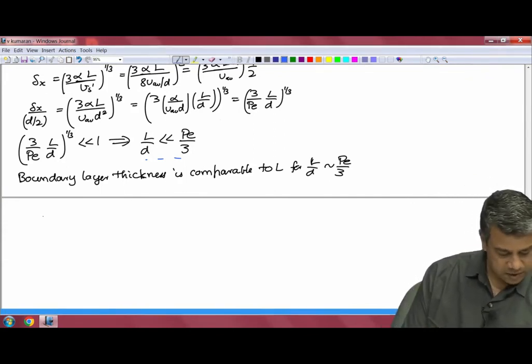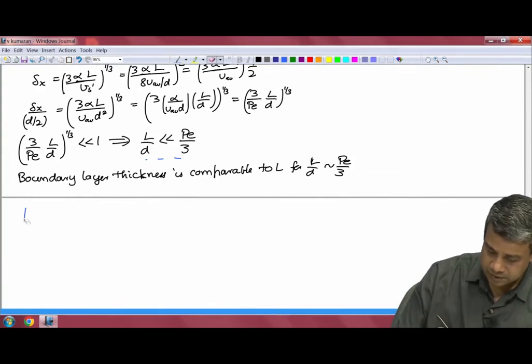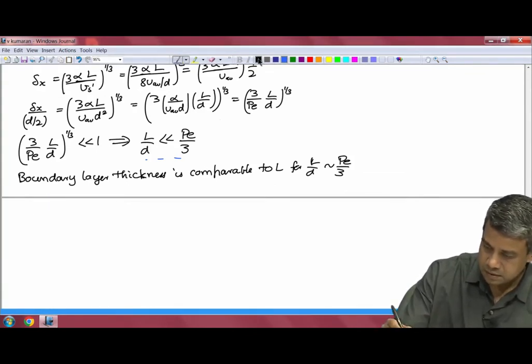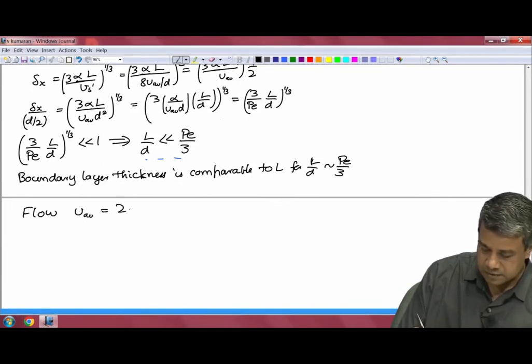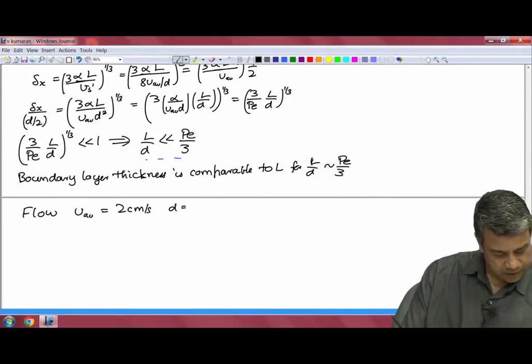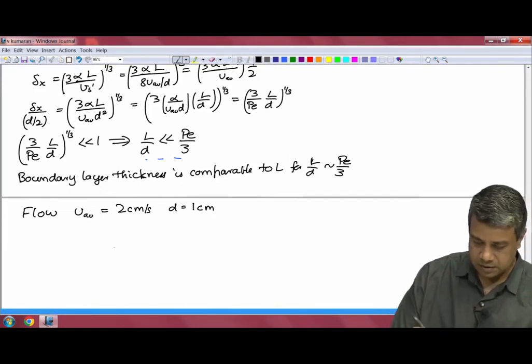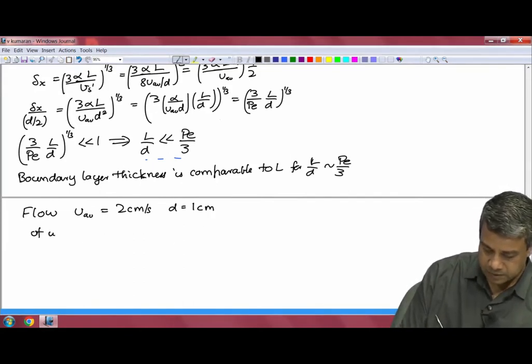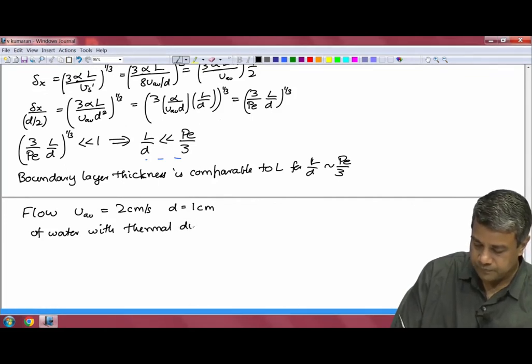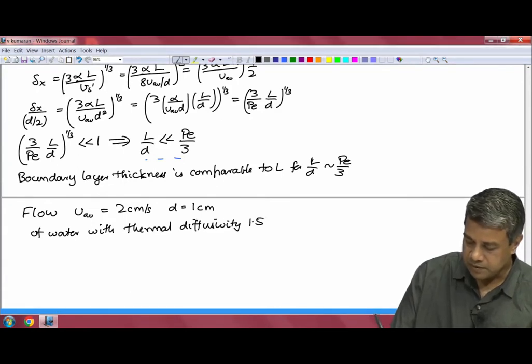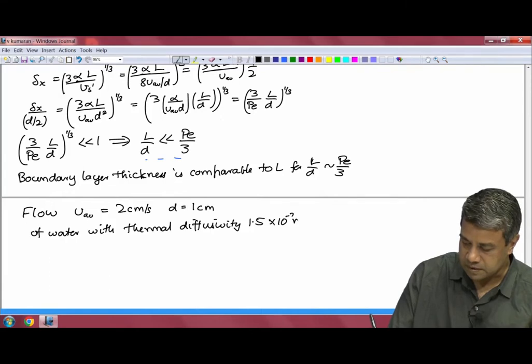Consider the flow with average velocity V average equal to 2 centimeters per second in a pipe with diameter equal to 1 centimeter, of water with thermal diffusivity 1.5 into 10 power minus 7 meters square per second.